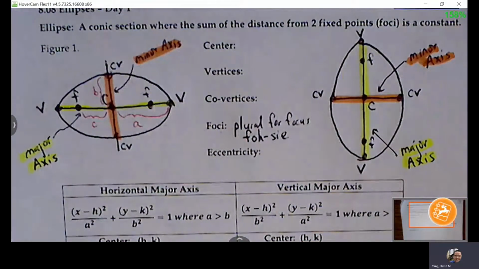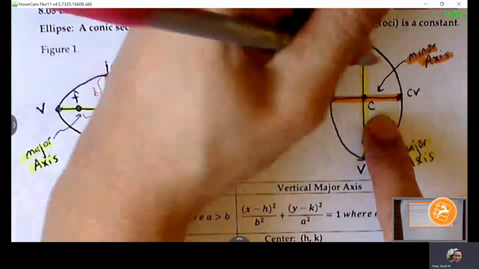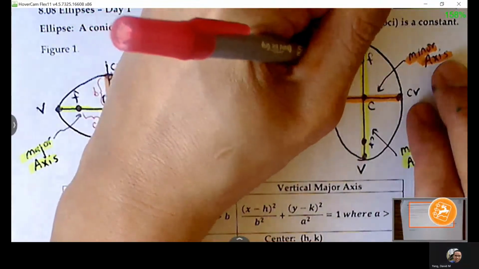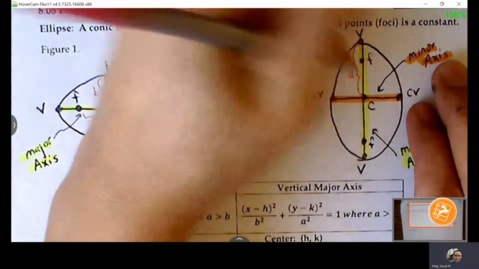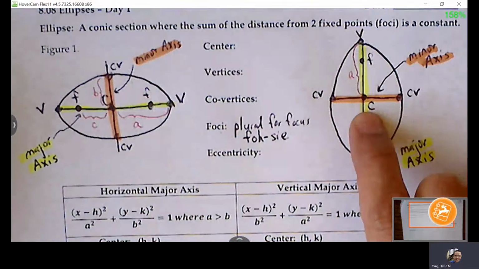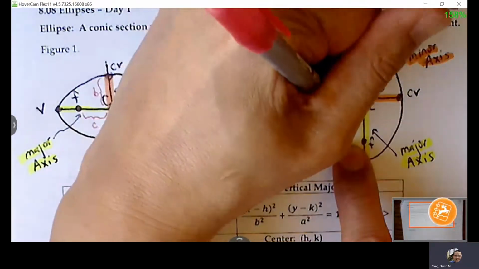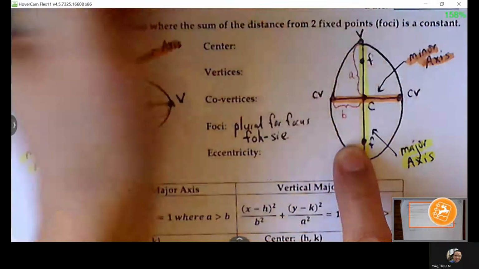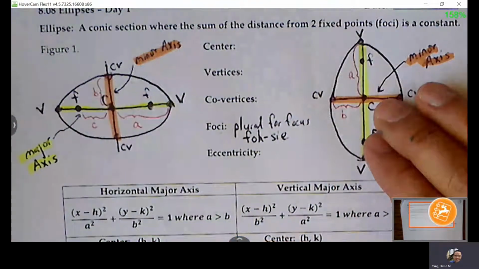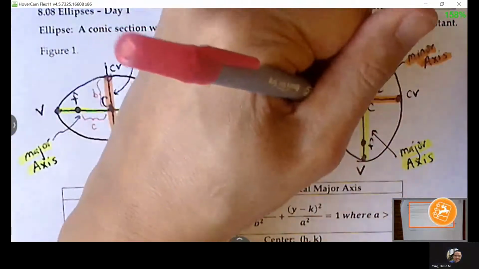Same as before, your A value is the distance from the center to the vertex. Your B value is the distance from your center to your co-vertex. And then your C value is the distance from the center to your focus.